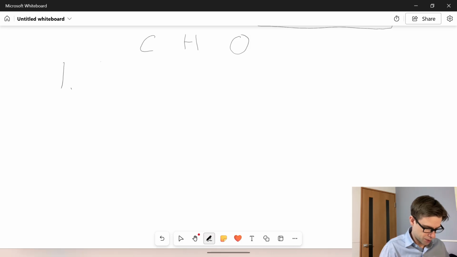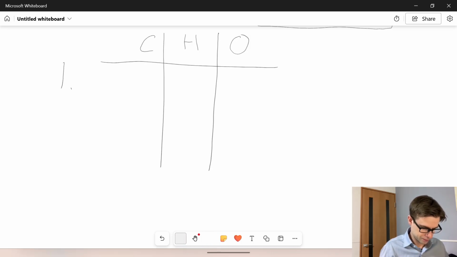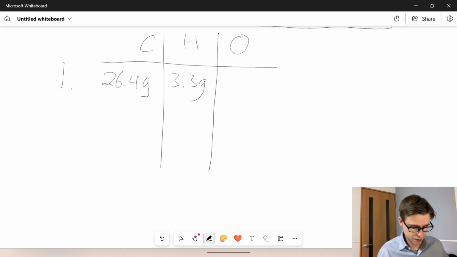And I'll do step 1. That's to immediately change percentages into grams by assuming 100 grams of sample. So I will have 26.4 grams of carbon, 3.3 grams of hydrogen, 70.3 grams of oxygen.